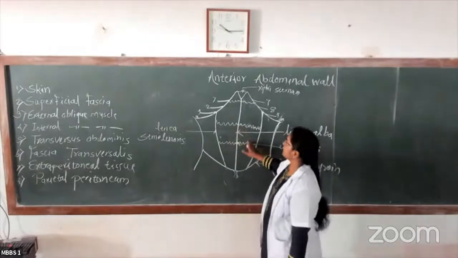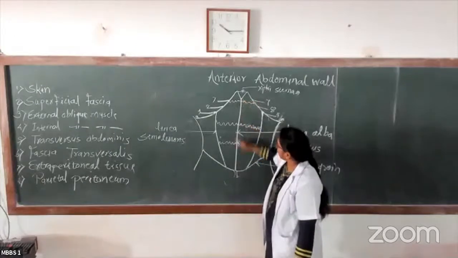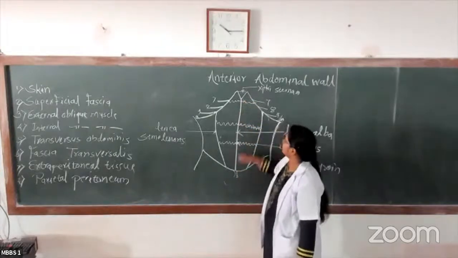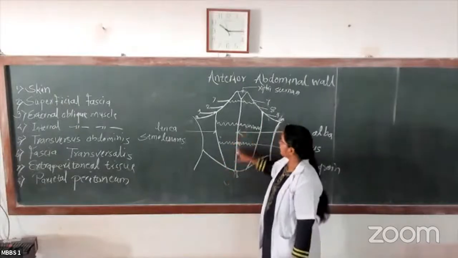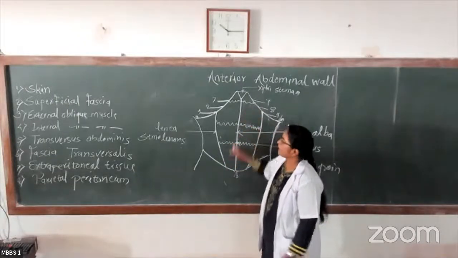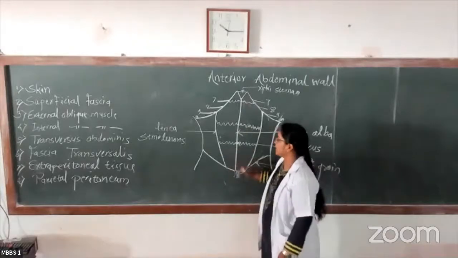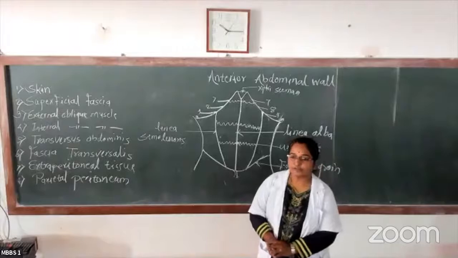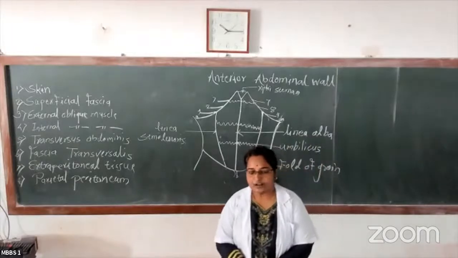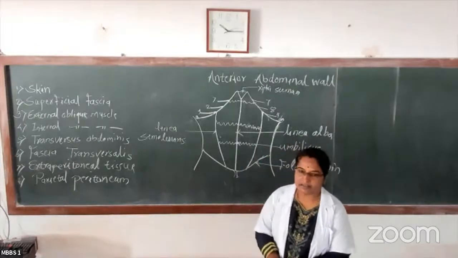So the skin of this abdominal wall presents a midline furrow, then linea semilunaris, linea transversae, and in the lower part of the abdominal wall, in the parous woman, there is a presence of white lines which are called striae gravidarum.